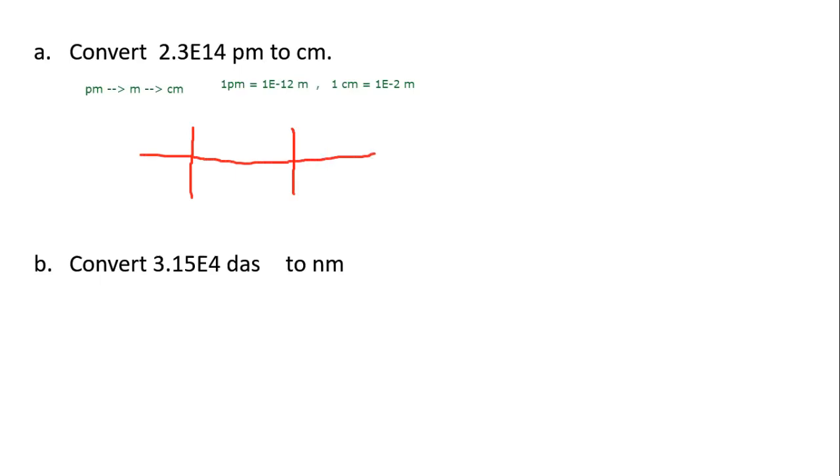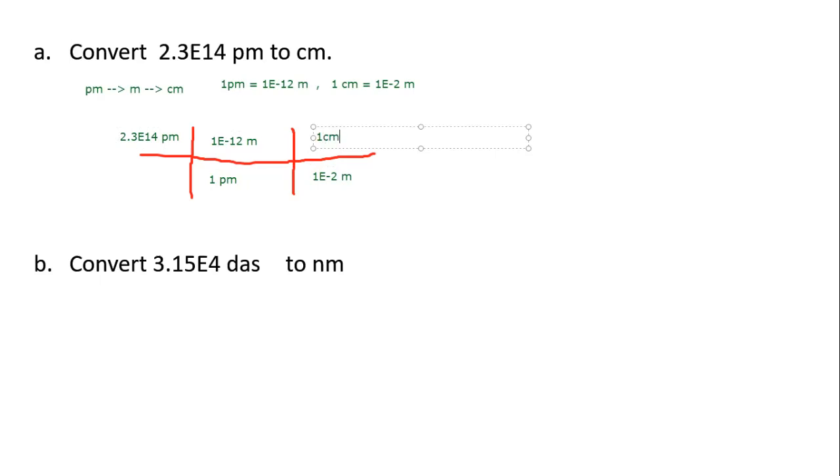Since we're starting with picometers, in the conversion factor, picometers goes on the bottom and meters goes on top. And then since we're at meters here, when we're going from meters to centimeters, the meter goes on the bottom and centimeter goes on top.